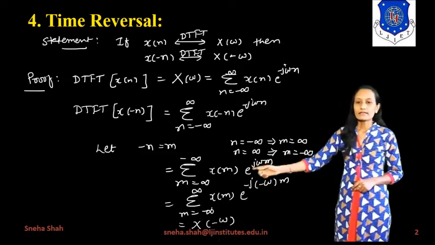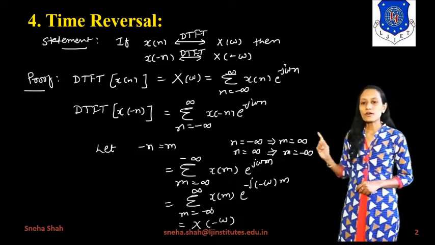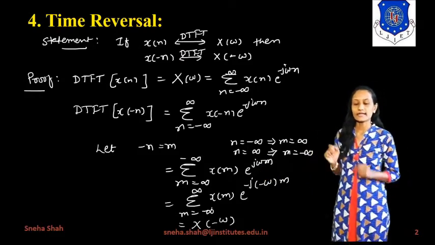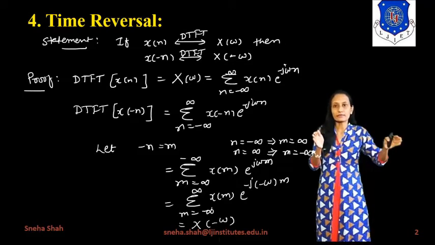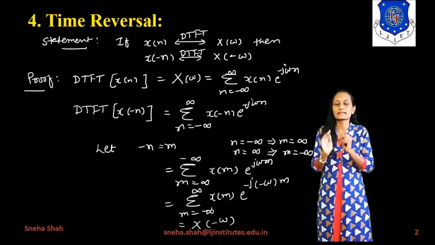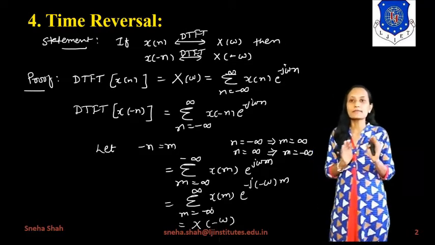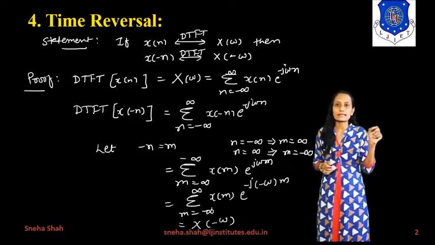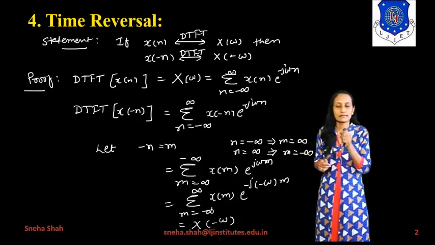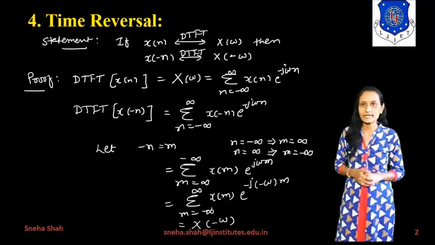Now, if the summation is from infinity to minus infinity, it means whether we take the summation from minus infinity to infinity or infinity to minus infinity, the answer will be the same. How? Suppose we take 1 plus 2 plus 3, or 3 plus 2 plus 1, the answer of the summation will be the same, right?